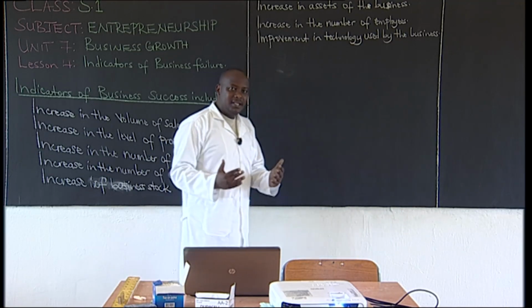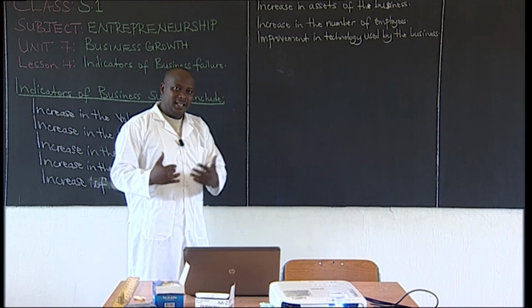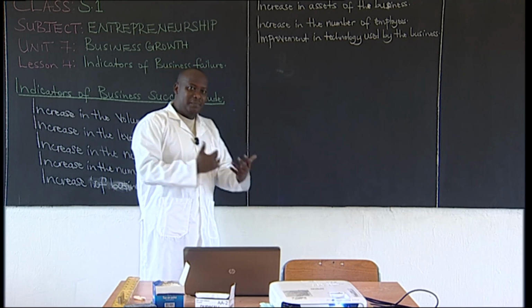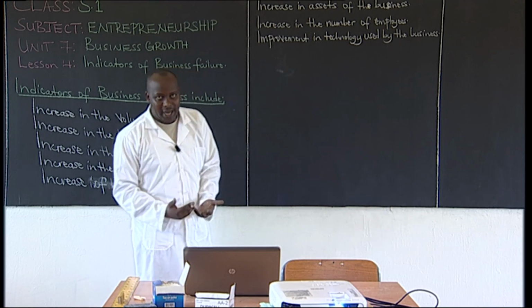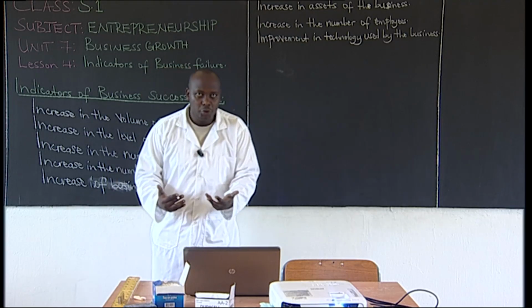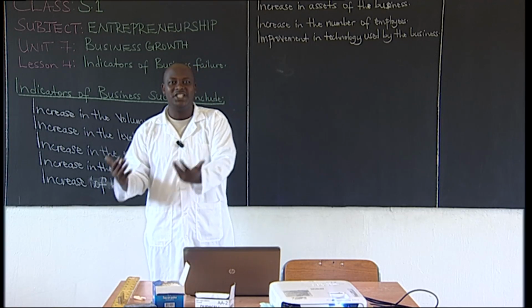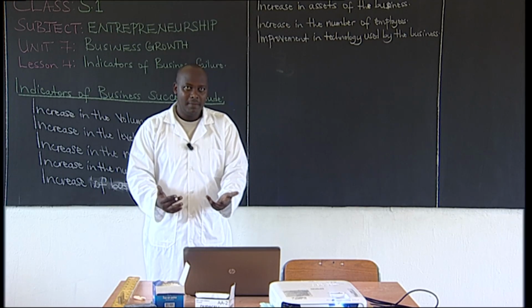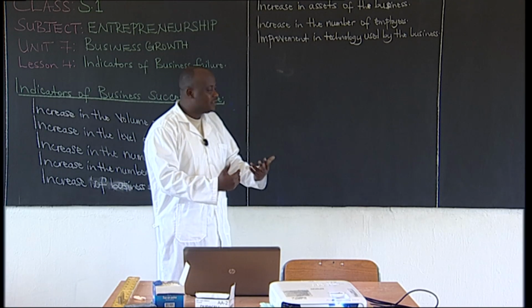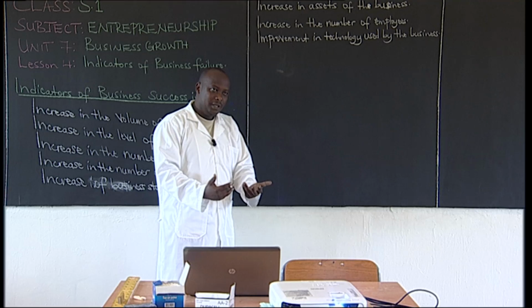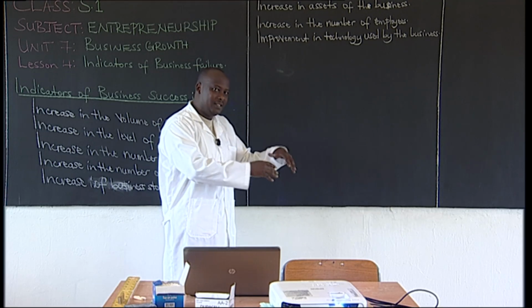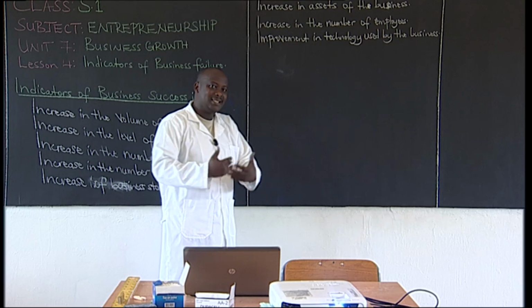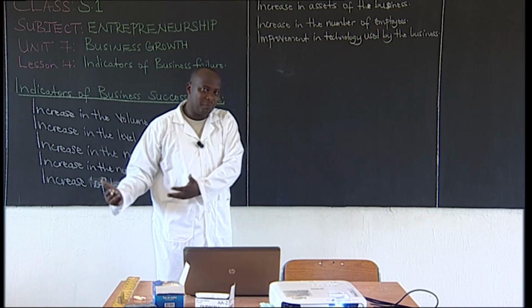Now, if a business has improved its methods of production: at first, a business used to use poor methods of production, and it could not produce more goods, sell more goods, and generate more incomes that can help a business to succeed. But now, it has adopted better methods of production.